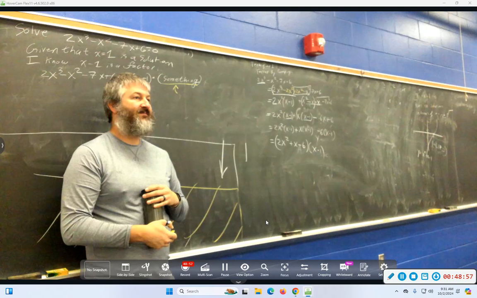Gosh, 2x squared equals 1. X squared equals 1/2. X equals plus or minus square root of 1/2. Which, if you want to simplify, simplifies down to plus or minus root 2 over 2. Have we now found 3 different roots? And that's the number of roots I expected. That makes me happy.